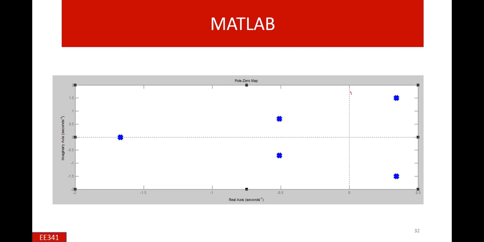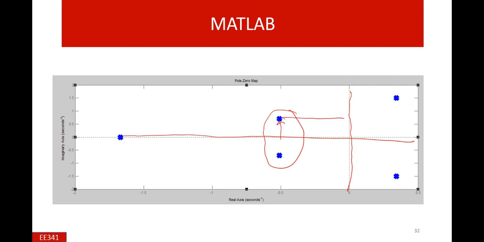Okay, this is the vertical or imaginary axis, this is the real axis. These two are a pair, we can find the roots, this is representing the roots, this is the imaginary value, this is the real value.